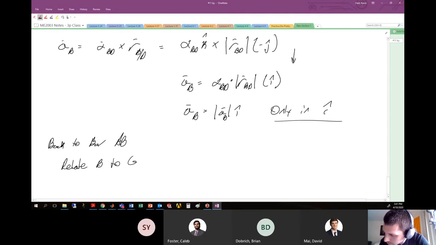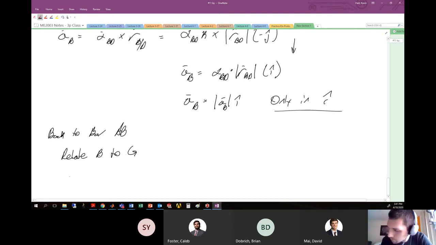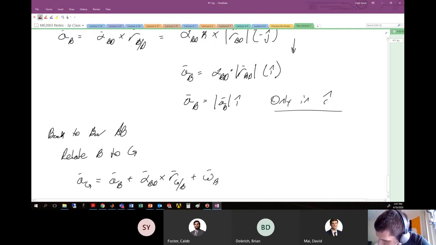we can relate B to G, and we'll say then that the acceleration of G is the acceleration of B plus the angular acceleration of this body now, which is BD, crossed with the position vector that locates G from B, plus the angular velocity of this object crossed with the angular velocity of this object crossed with the position vector that locates G from B. We know these angular velocities are 0 from previous discussion.